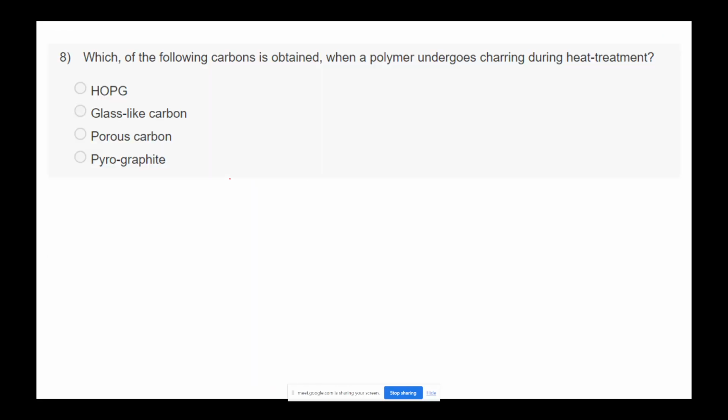So let's move to the next question. The next question is asking which of the following carbons is obtained when a polymer undergoes charring during heat treatment. This is very clear, I have just explained two terms.